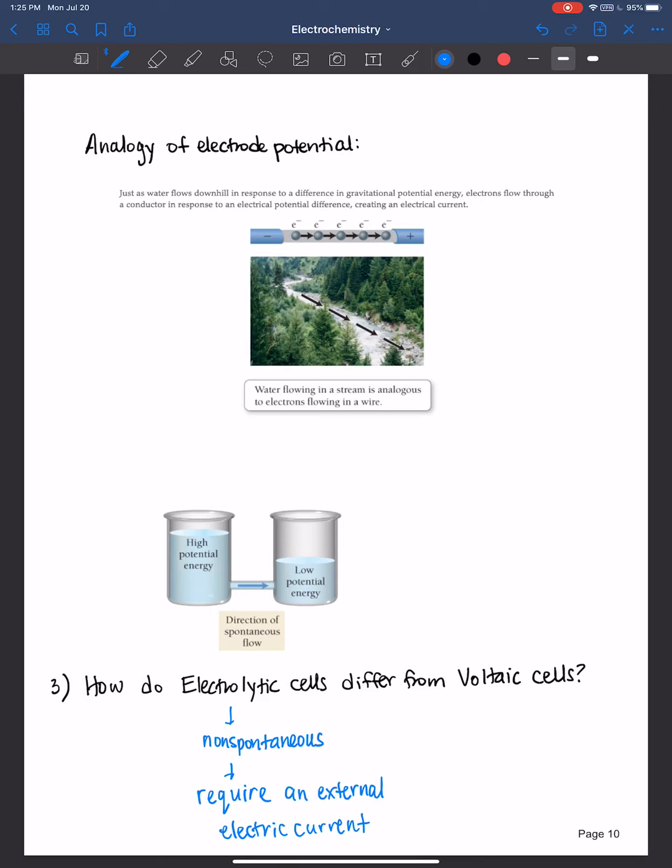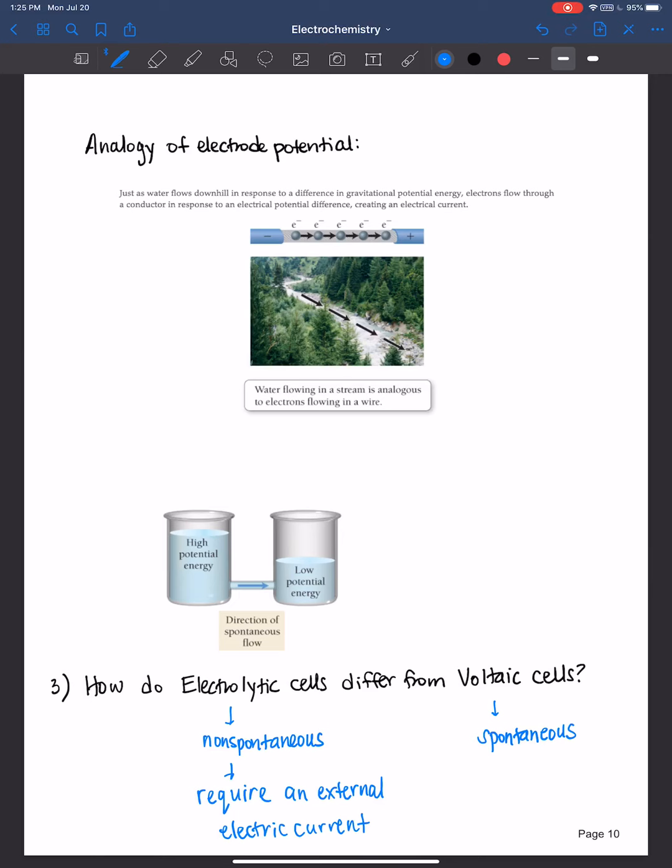And then voltaic cells are spontaneous, so they will just occur spontaneously. So the focus of this chapter in a second semester general chemistry course will be mainly on voltaic cells. That's what I'm most concerned about in my course.